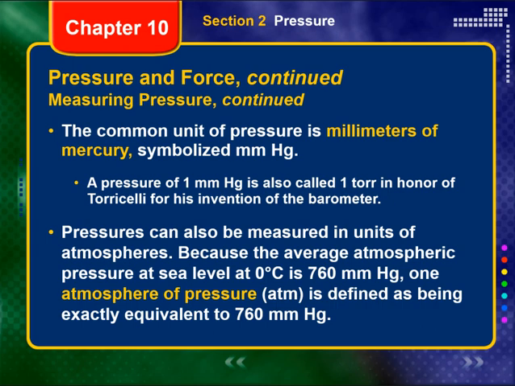Pressures can also be measured in units of atmospheres, which is very, very common because the average atmospheric pressure at sea level, assuming 0 degrees Celsius, the freezing point of water, is 760 millimeters of mercury. 1 atmosphere of pressure. Now, conceptualize that. If you're at sea level, you're as low as you can get.